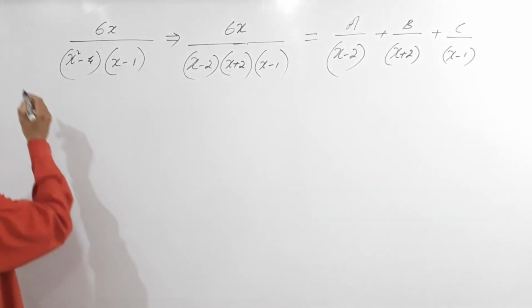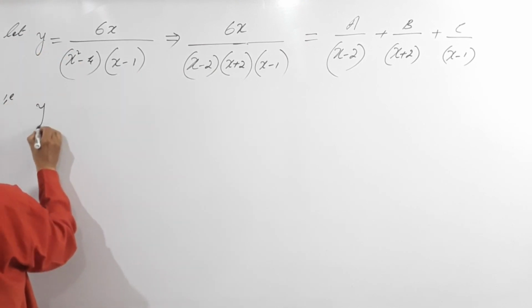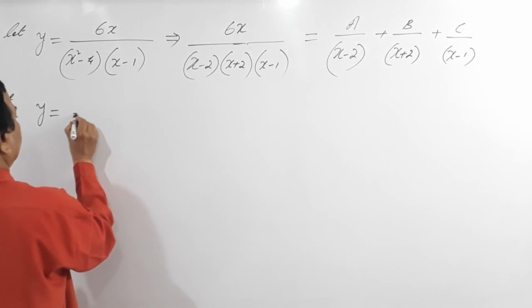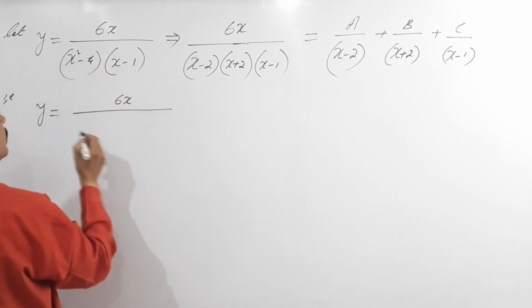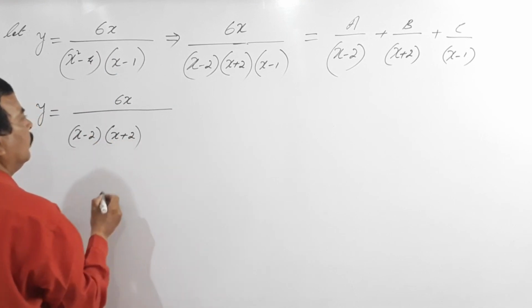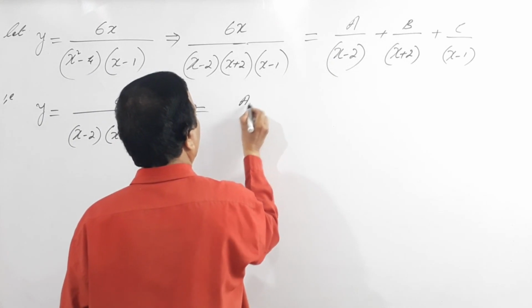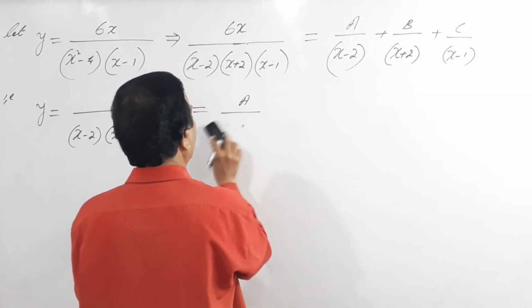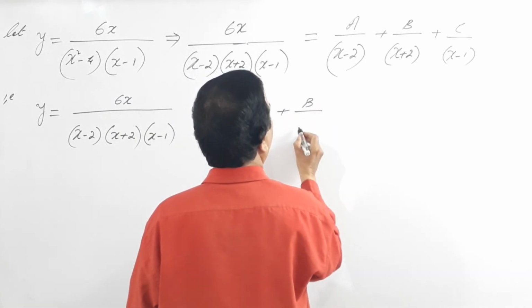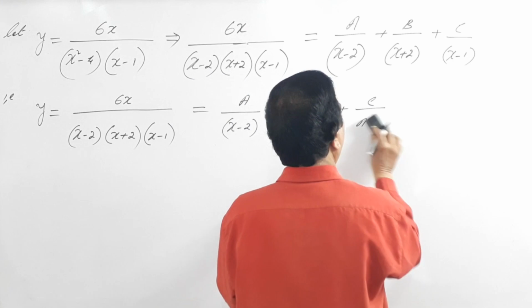I call this: let y equal to 6x by x minus 2 into x plus 2 into x minus 1, equal to a by x minus 2 plus b by x plus 2 plus c by x minus 1.